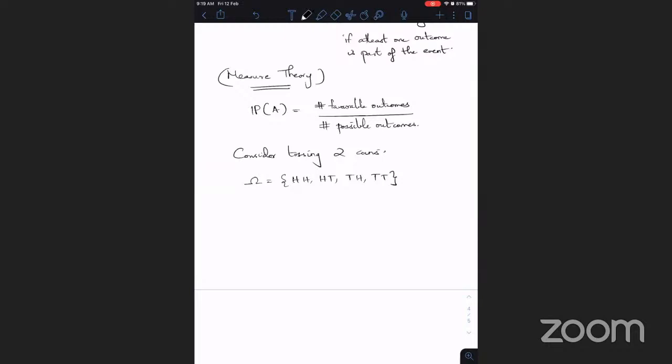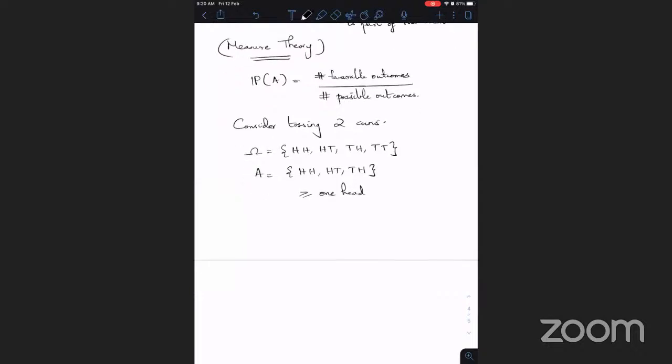And I call event A to be the event that is just... Okay. So can someone tell me what event A here is? As in, from an experiment viewpoint, what is A doing? Exactly. So at least one head. So A is the event which happens when there is at least one head, right?